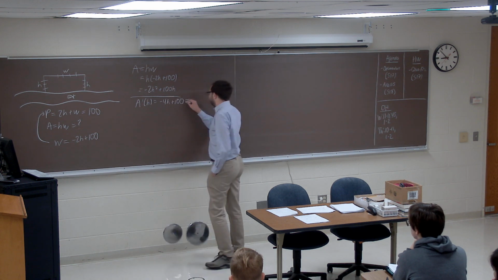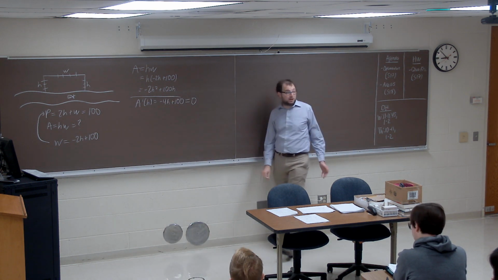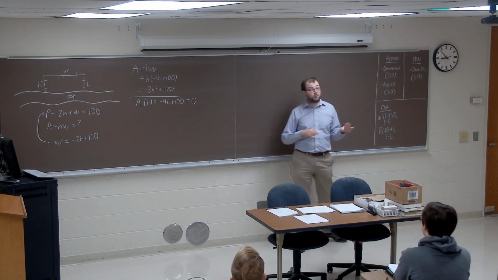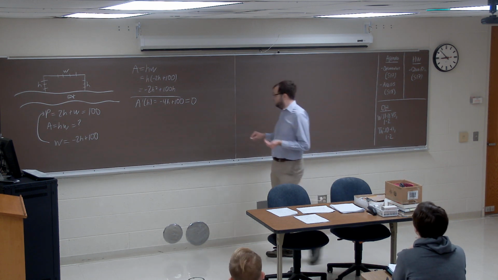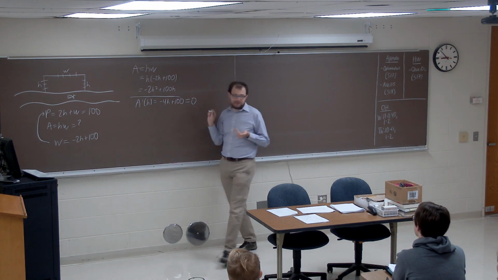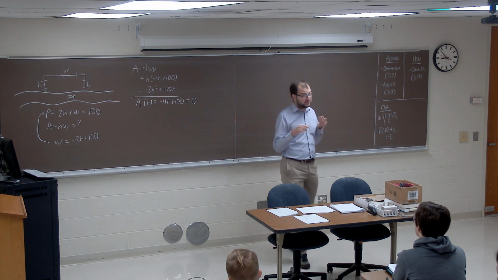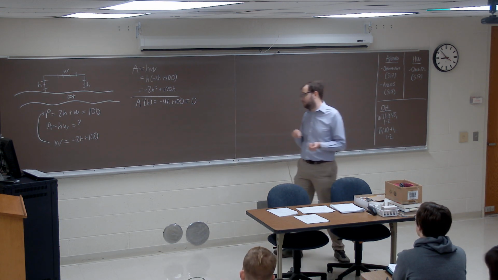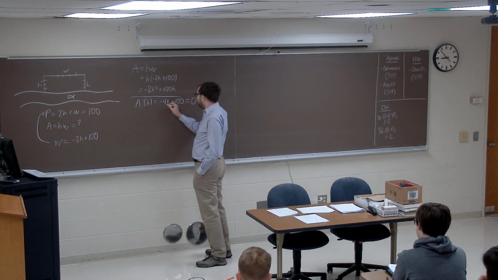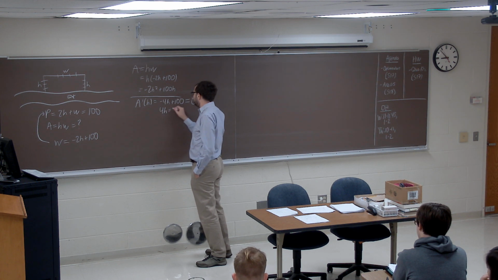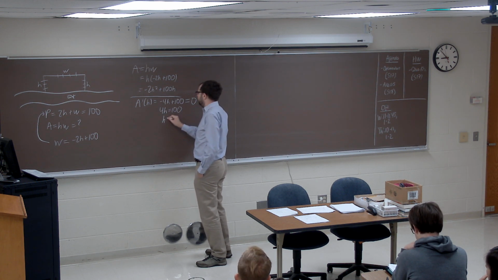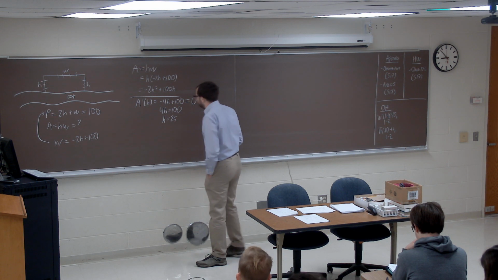I like it. Critical points are where the derivative is 0 or undefined. There's no values of h that are going to make negative 4h plus 100 undefined, so we just need to set that equal to 0 to solve for h, which will give us 4h is equal to 100, or h is going to be 25.